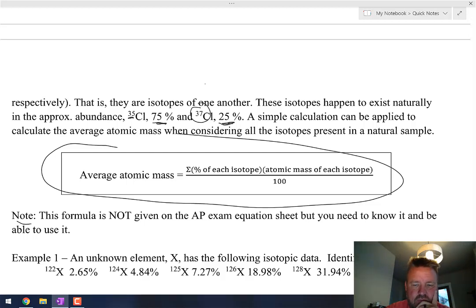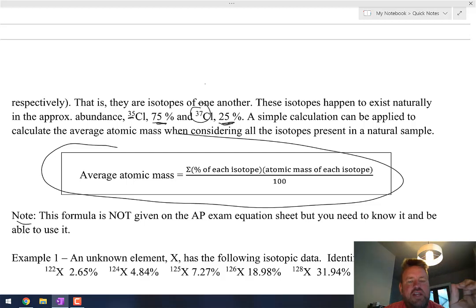Now, if they give you the actual mass, like if they say chlorine 35 and then they say the mass is 34.9872 AMUs, atomic mass units, then you use that. If they don't give you the actual perfect mass, then you use whatever masses they give you.